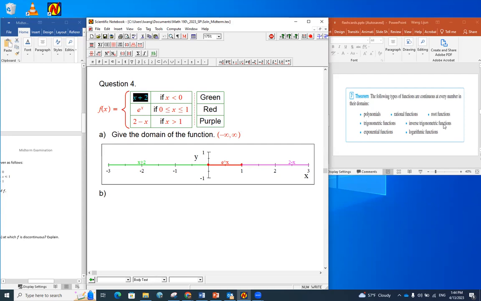E to the power x is continuous in its domain, so it's continuous between 0 and 1, except that at the points 0 and 1 we have to give special consideration.